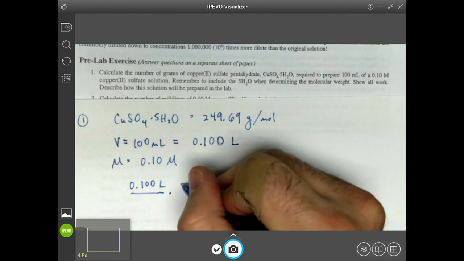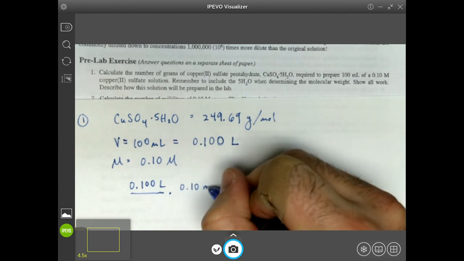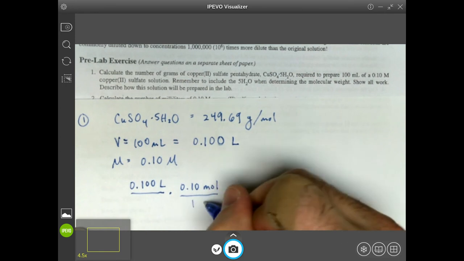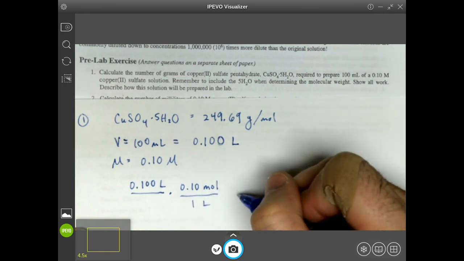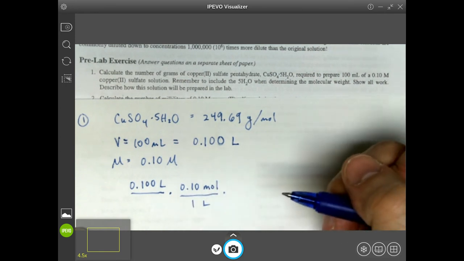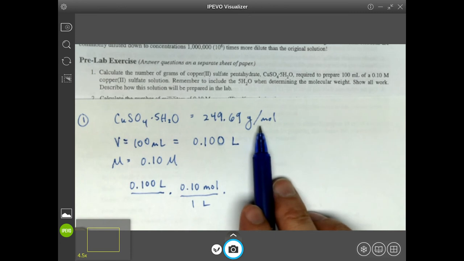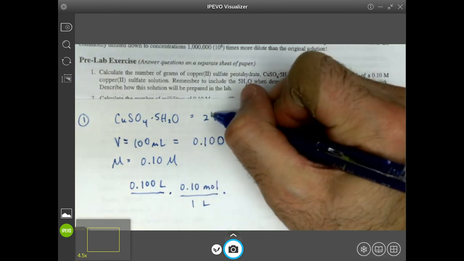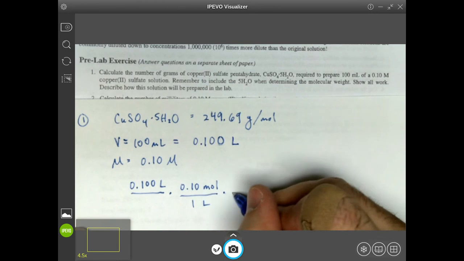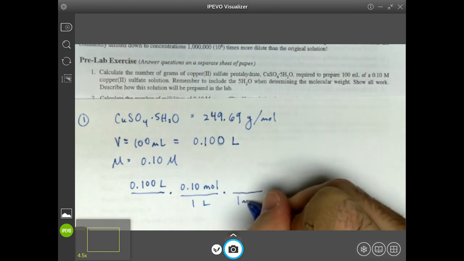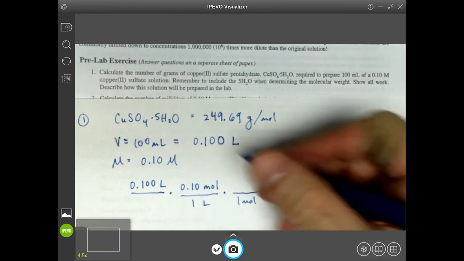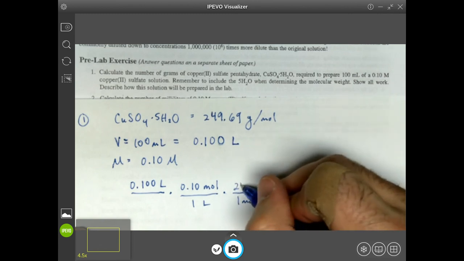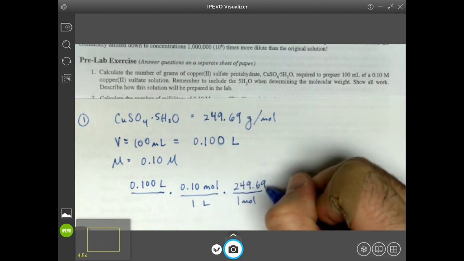So it's going to be 0.10 moles over 1 liter. And I want to know the number of grams. So I'm going to use my formula weight to convert from moles to grams. So I know it's 1 mole of the CuSO4 stuff, right? For 249.69 grams.